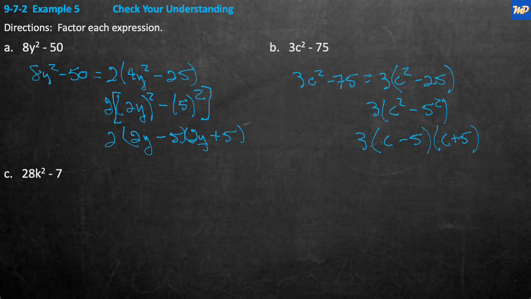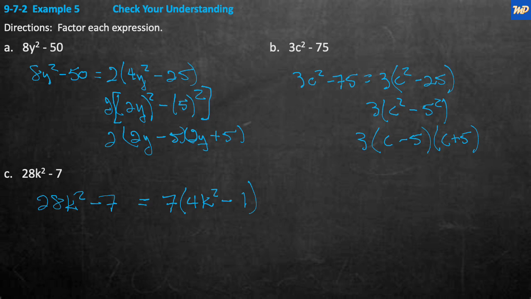And the very last problem is 28k squared minus 7. Well, 7 comes out of 28 4 times. So I'm going to rewrite it: 28k squared minus 7 equals, taking out a 7, 7 times 4k squared minus 1.